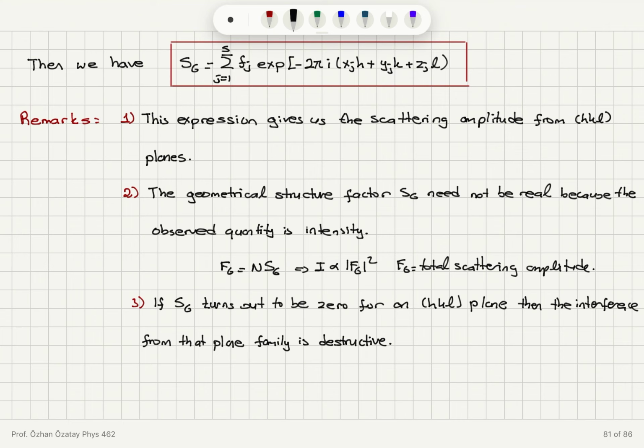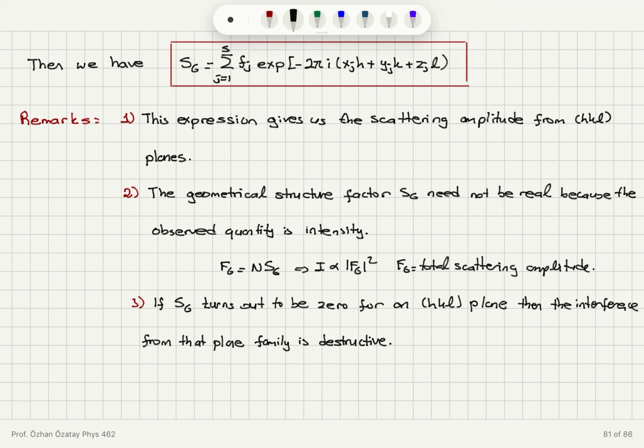So this is the explicit calculation we need to do for the scenario where we have a lattice with a basis. So this gives us the scattering amplitude from HKL planes for one cell. If you multiply it with the number of cells, we get the total scattering amplitude, which determines our intensity.